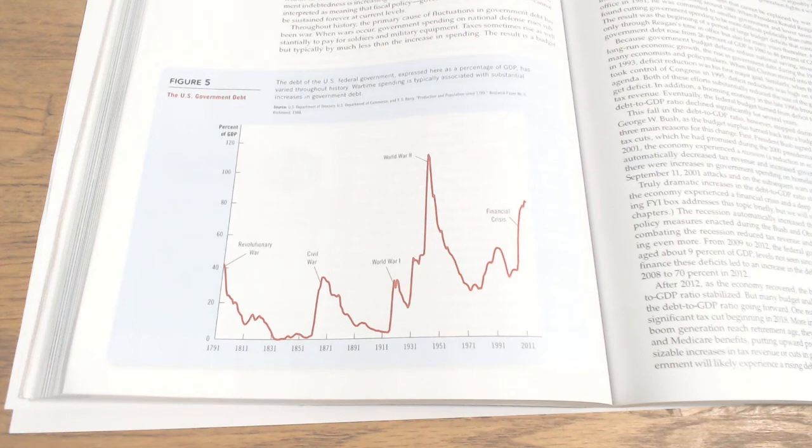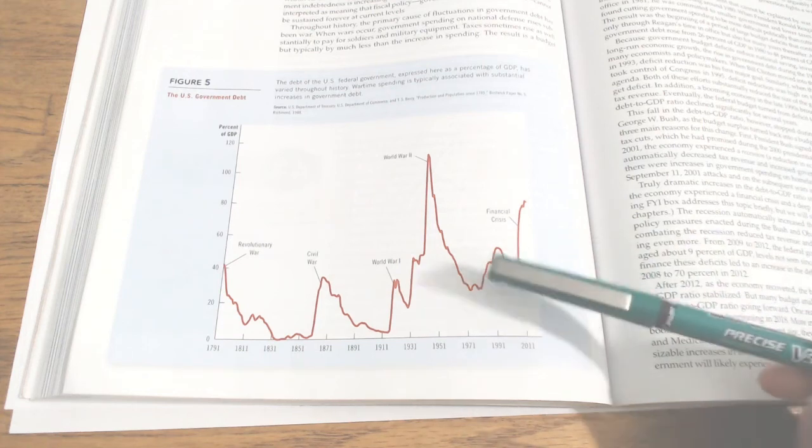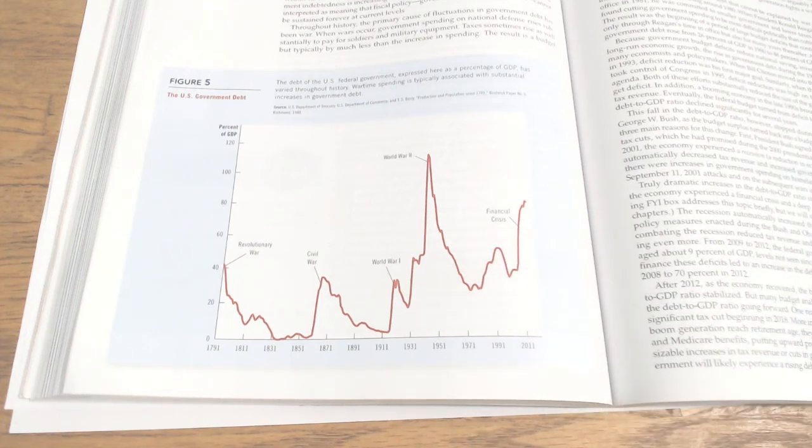So what happened in the 80s? Well, Ronald Reagan took office during this time, and he wanted to cut taxes. Even though he wanted to cut taxes, in order to keep us out of debt, increasing this debt ratio, he would have to cut government spending.